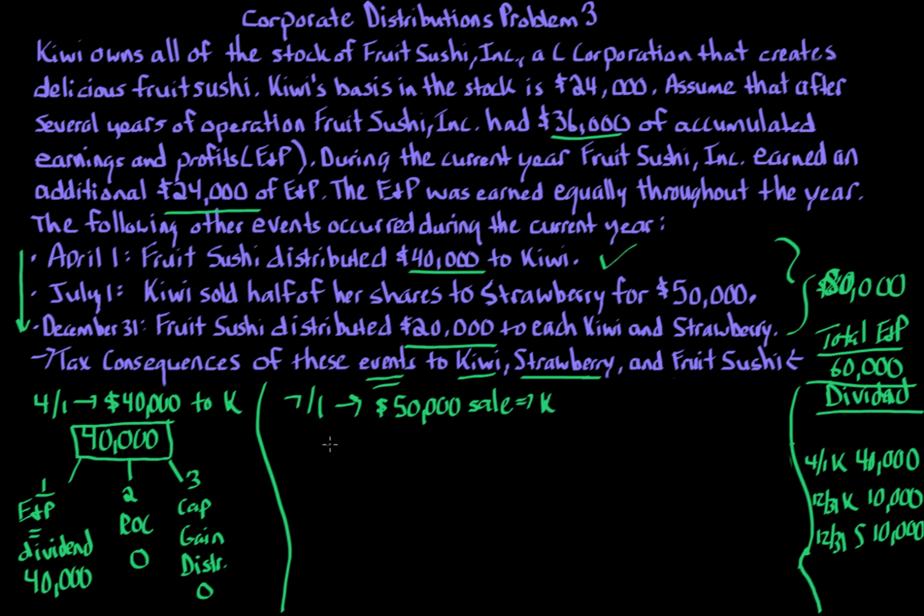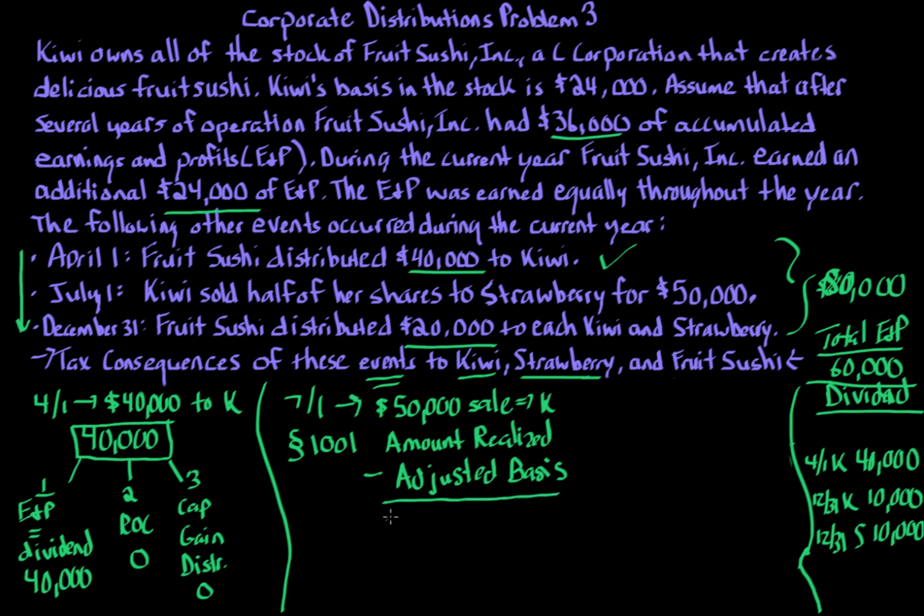Now, this is a sale of stock. So whenever we have a sale of stock, we apply our normal section 1001, amount realized minus adjusted basis. I'm bringing back old memories, right? You might be remembering back to some of the previous videos. This is always the gateway provision. You're selling stock, you've got to go through this.